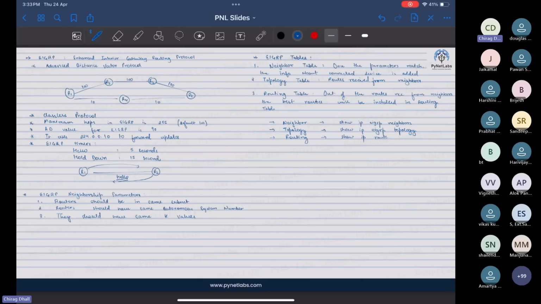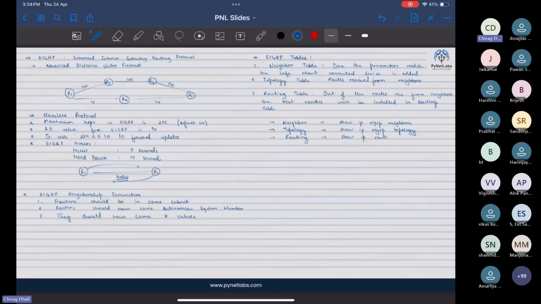Not show ip eigrp route. The command is going to be just show ip route. The routing table is going to be common always for all the protocols. So show ip route is the command which we'll be using for checking the routing table.